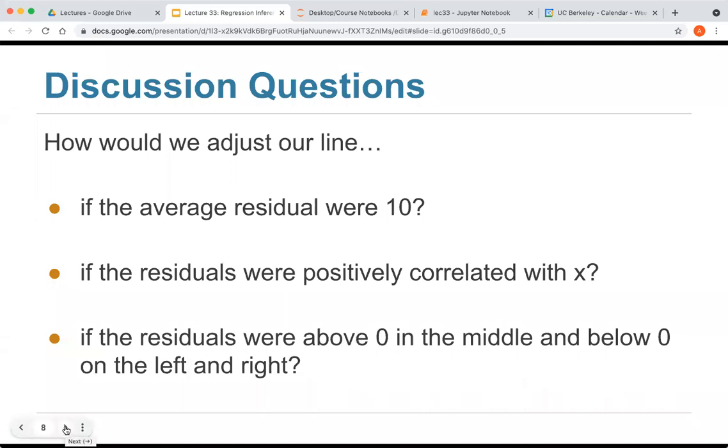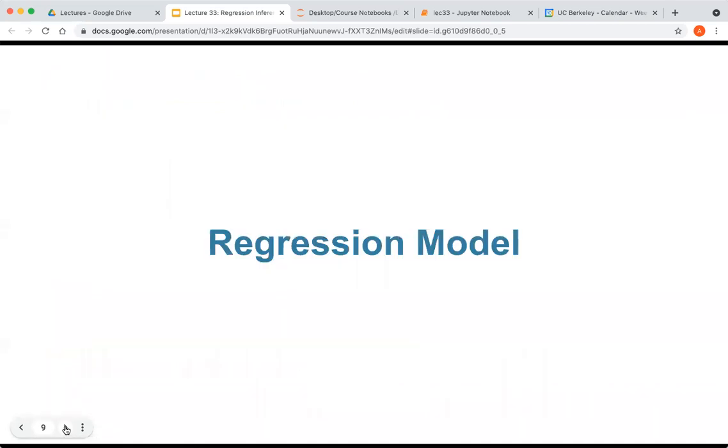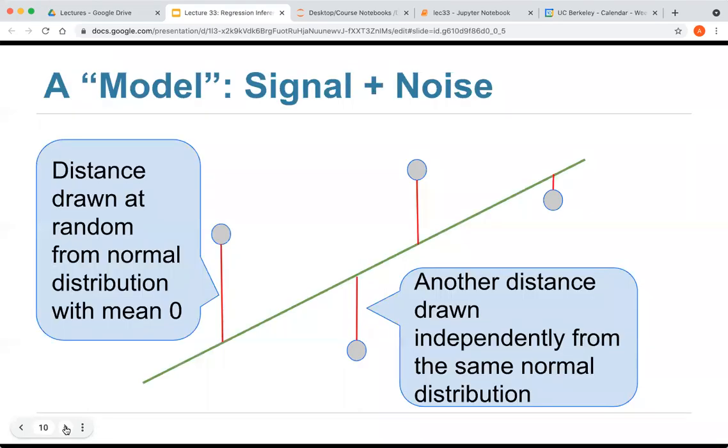Okay, so let's take a look at a model. A model, as you know, is a set of assumptions. Okay, so here is the model. This green line is this linear relation that we are imagining between X and Y. And what we're saying is, okay, there is a line there, but we don't actually see the line. The points are on the line, except that somebody has gone and shoved them off the line by some error.